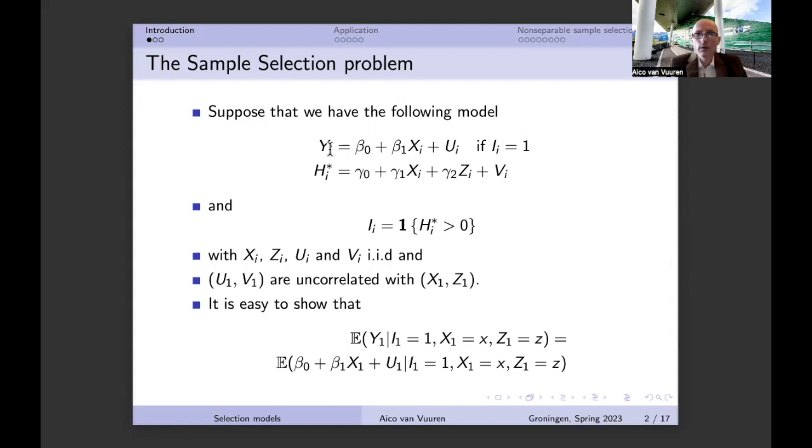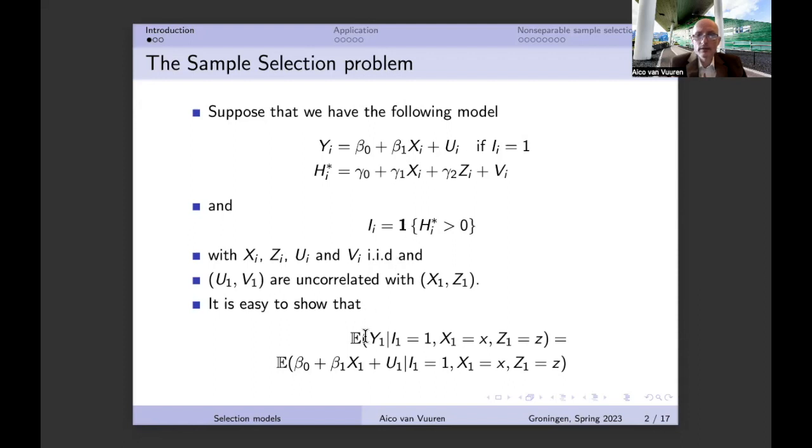We can do OLS over the total population, but that is not feasible because y_i is not always observed. And we are not going to get consistent and unbiased estimators if we run OLS only on the selected sample.